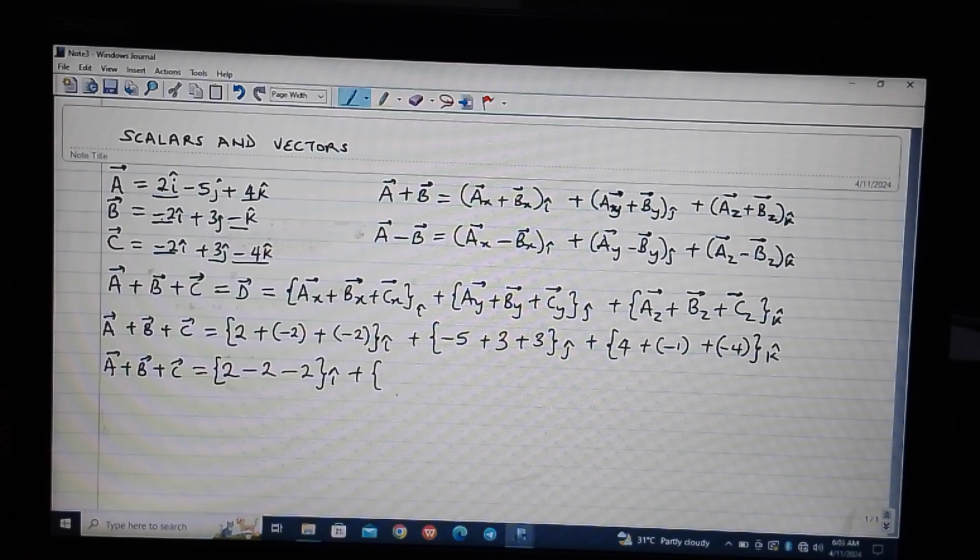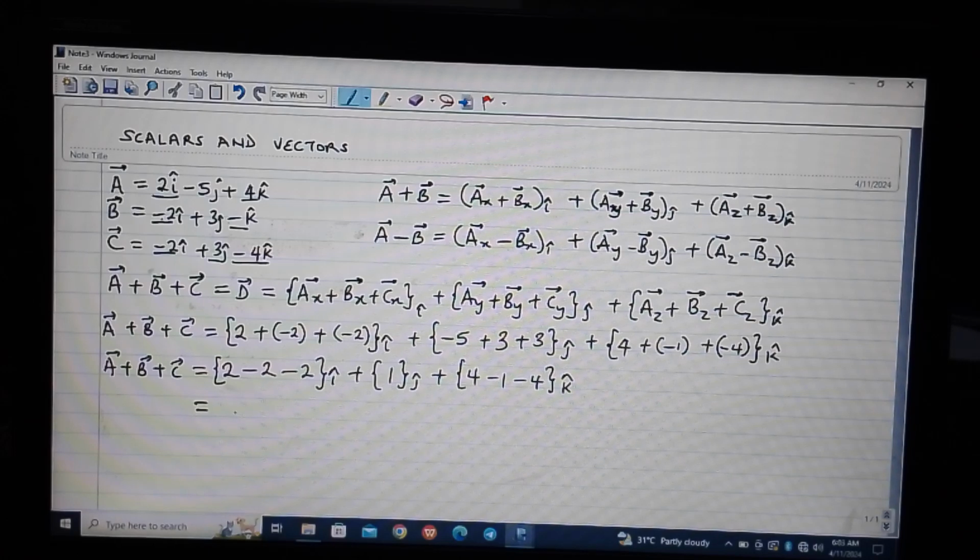So minus 2 plus 3 gives you plus 1. So you have 1 into j plus 4 minus 1 minus 4 k.